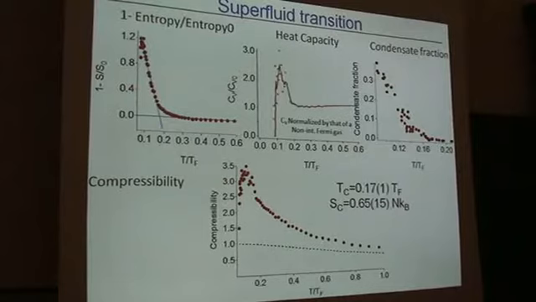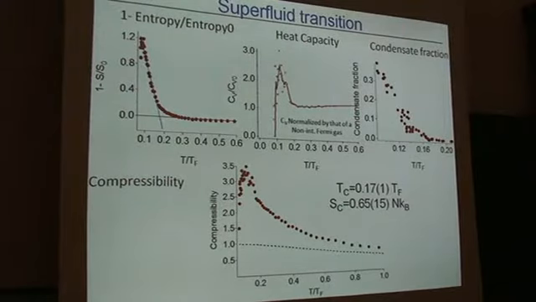I would object because in terms of condensate fraction, you have a tail with positive second derivative, which theoretically would be very weird because we know the critical behavior corresponds to the negative second derivative. Careful, this is the condensate fraction of the entire gas, integrated over the trap.